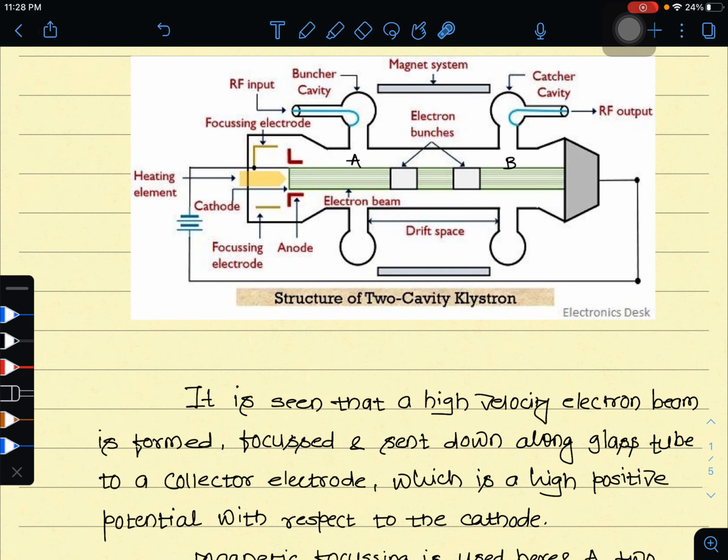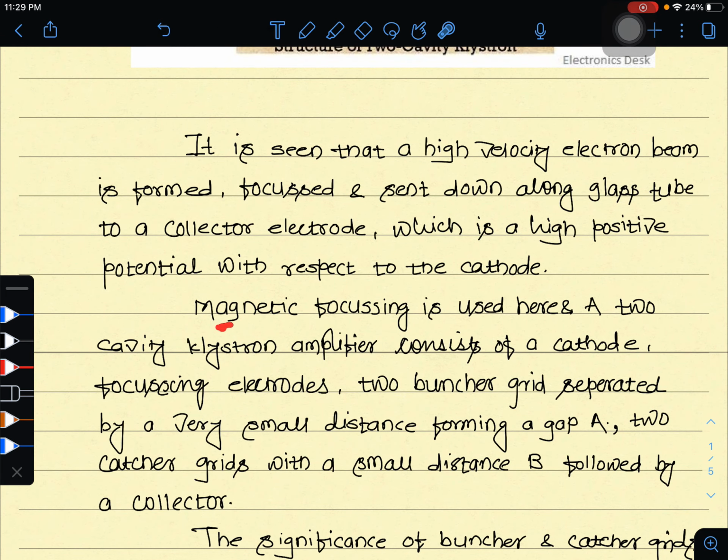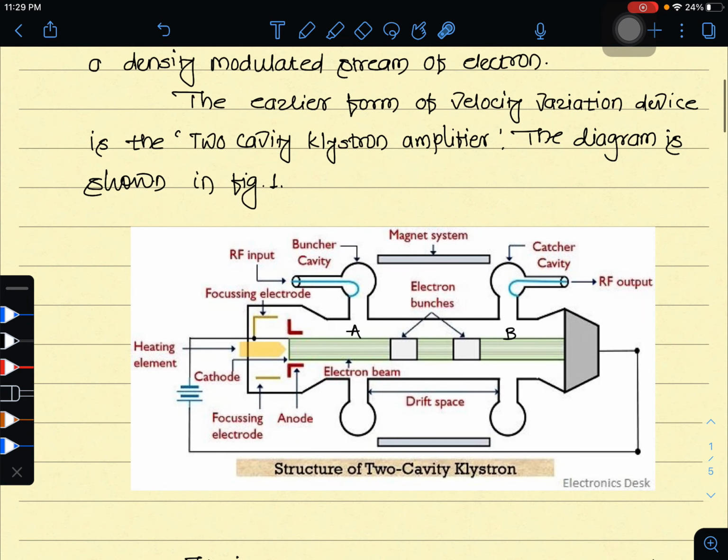In that diagram, we see the high velocity electron beam is formed and focused, and this electron beam is sent down along the glass tube to a collector electrode, and this collector electrode is connected to a high potential with respect to the cathode. Another thing is that magnetic focusing is used here.